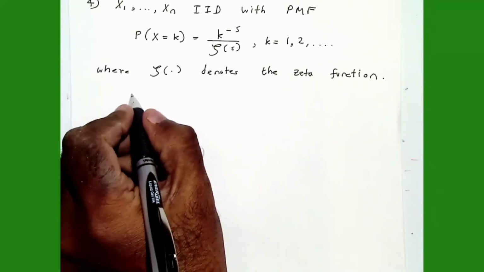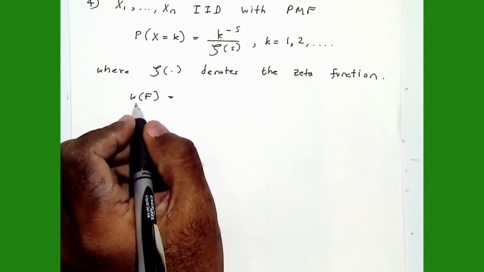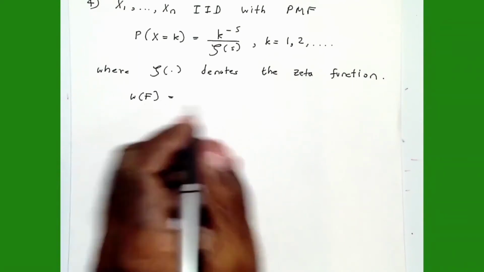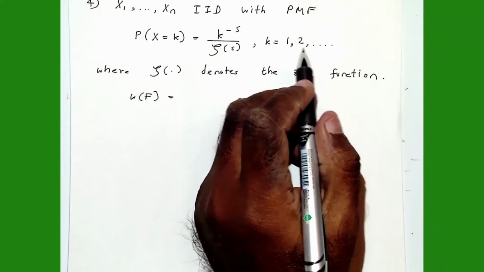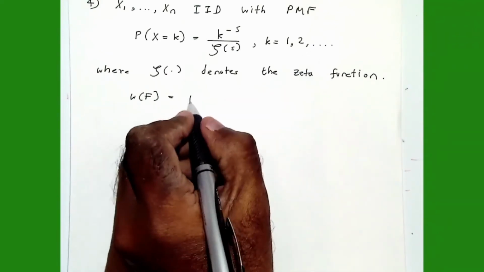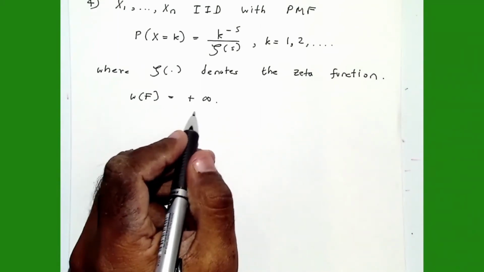The first thing you need to figure out is the upper end point of the support. Here, the support being all the numbers from 1 up to infinity, the upper limit must be plus infinity.